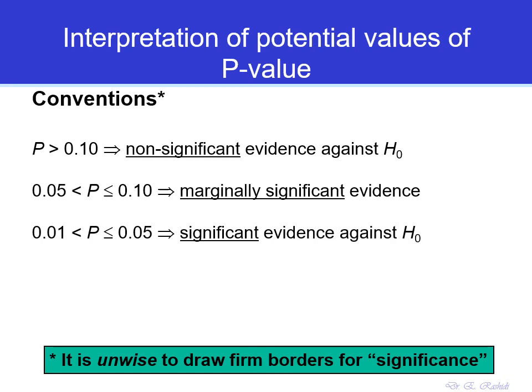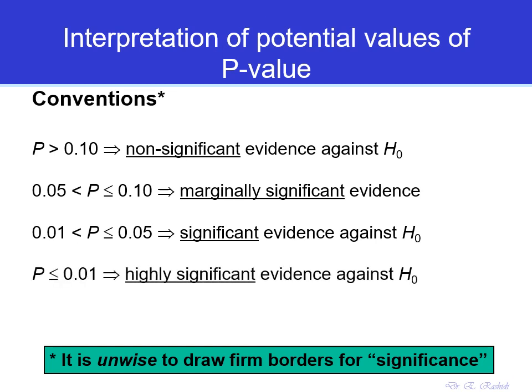For p-values between 1% and 5%, generally, it is considered significant evidence against H0. But again, you have to interpret that based on the background of the problem that you're working on and the significance level that you're considering. And overall, p-values smaller than 1% are considered highly significant evidence against H0 and are considered to be a proof against H0 being true.